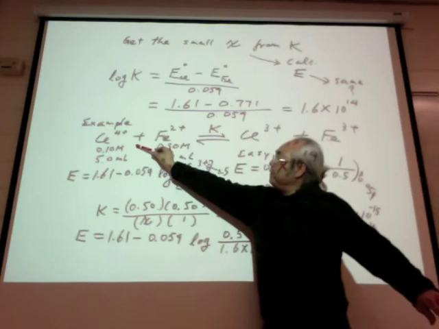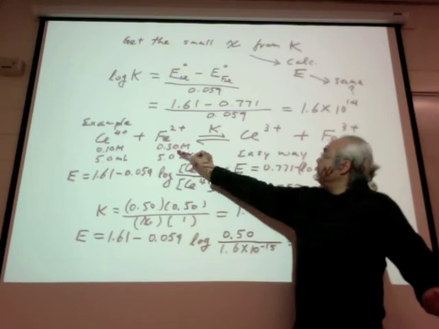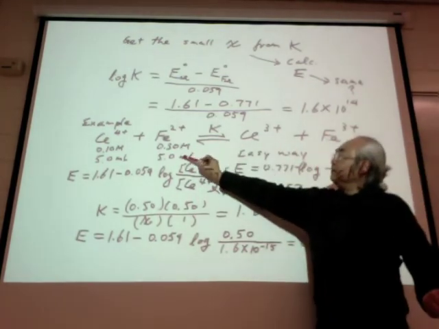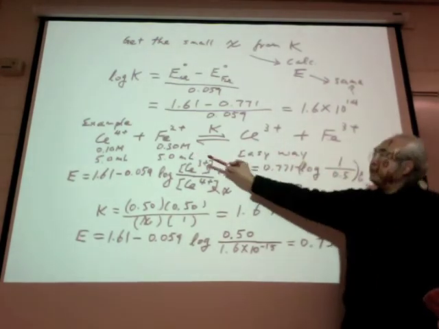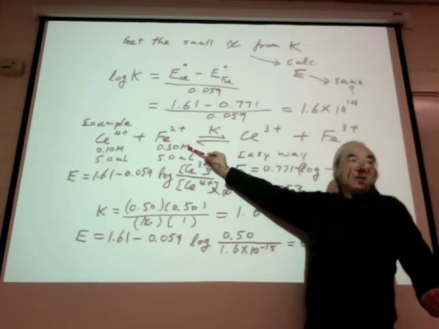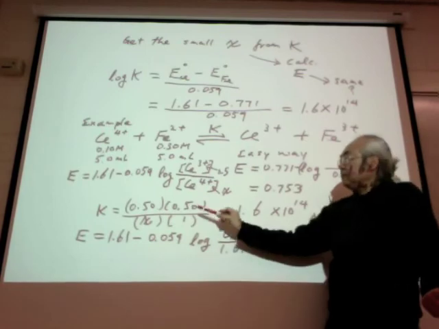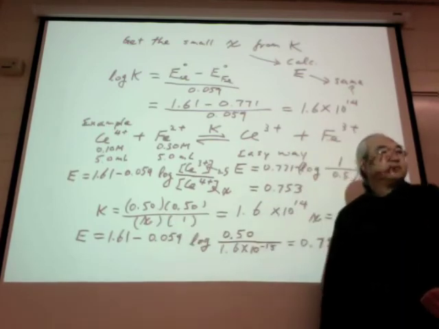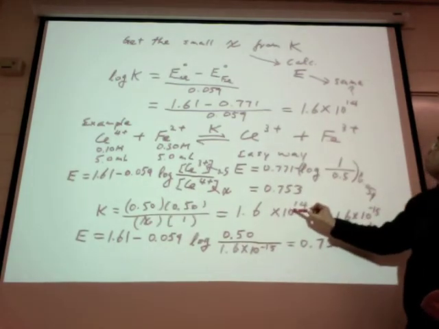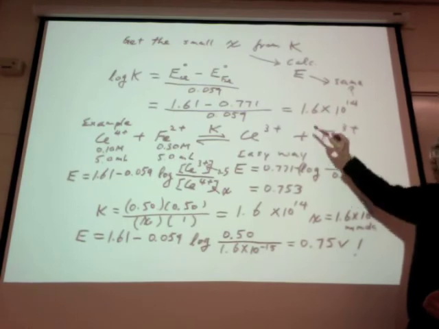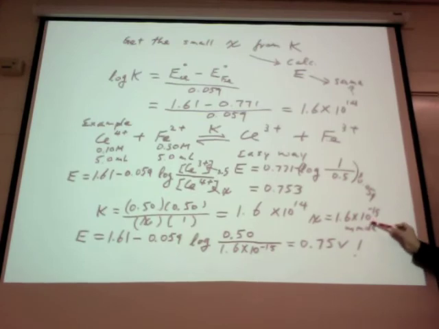Then the Ce4+ is X. The Fe2+ is going to be the difference between the two, whatever remains. So 0.5 becomes that, so left behind 1.5 minus 0.5 is equal to 1, right? So that is equal to 1. Any problem with that? Okay, so the K is equal to this magnitude, right? We just calculated it. K is equal to that. So X is really small, 10 to the minus 15.